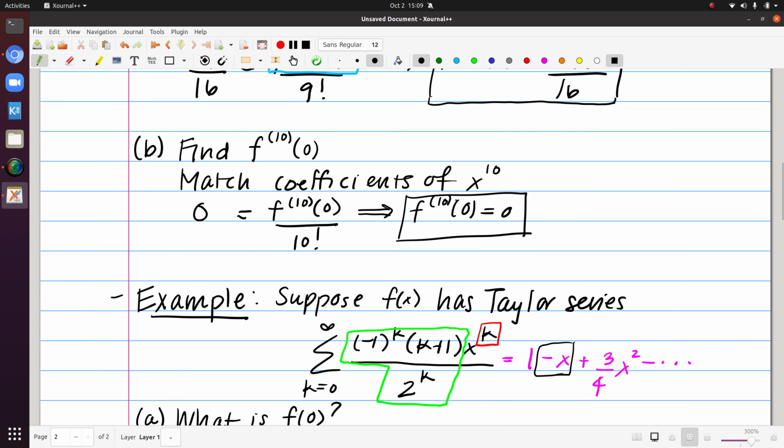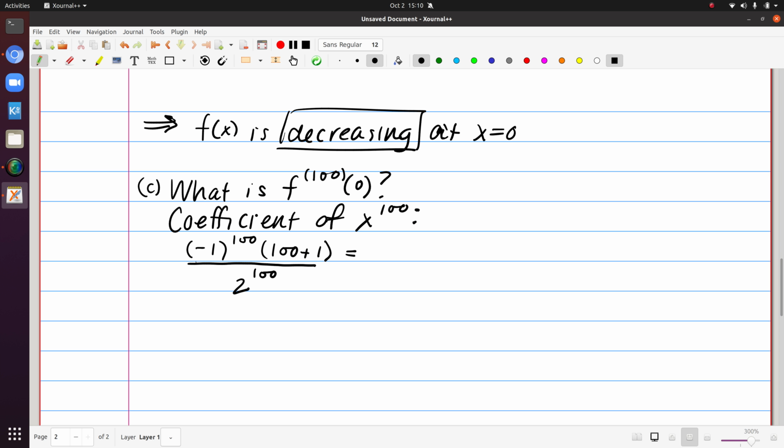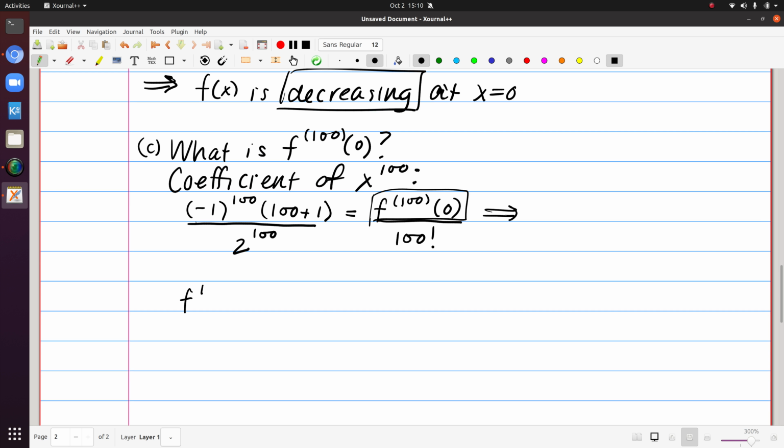What we know is for Taylor series centered at 0, the coefficient of x to the 100th should be the 100th derivative evaluated at 0 divided by 100 factorial. So what I'm trying to get here is that I want to isolate this part. So I want to solve for the 100th derivative at 0.